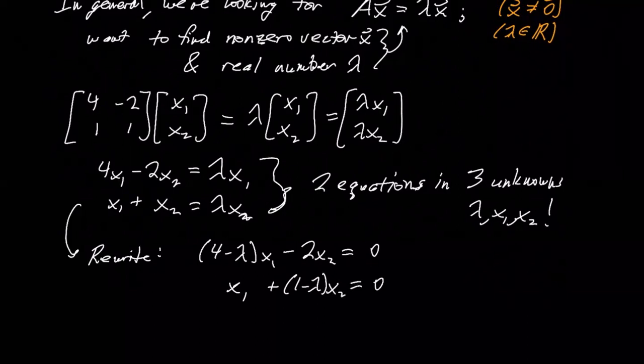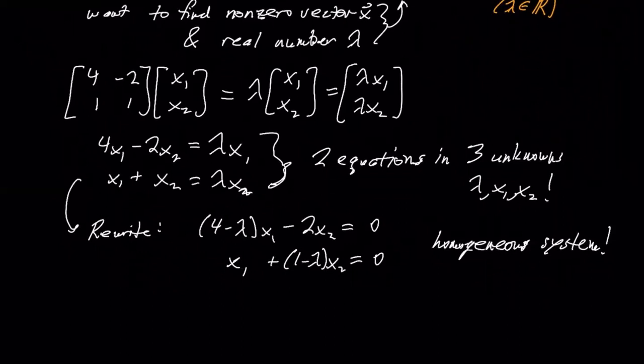I just rearranged the equations. Now notice this really is a homogeneous system. We have zeros after the equal sign. There actually aren't any non-zero constants here. And x1, x2 should not both be 0.